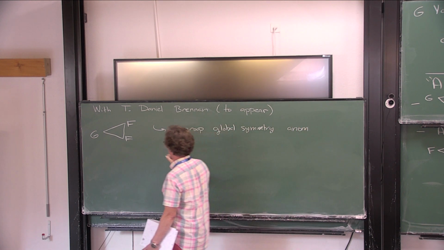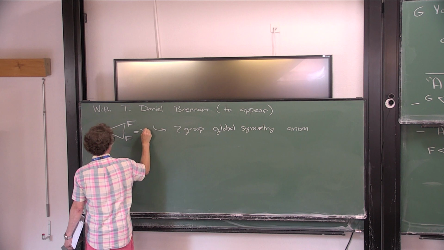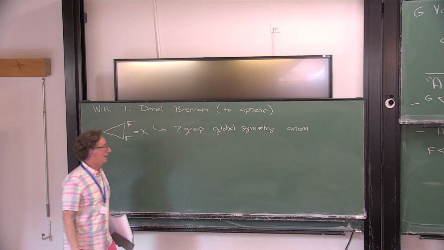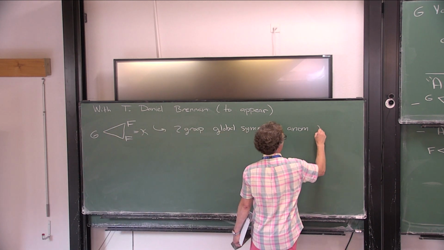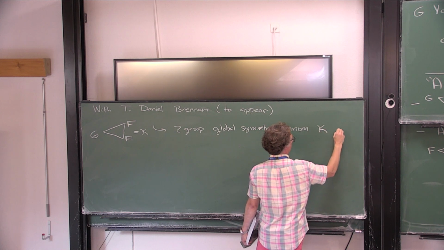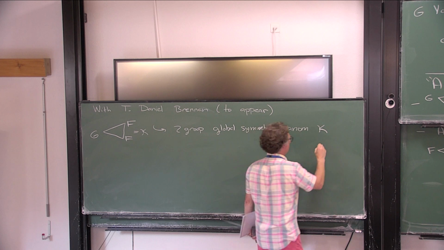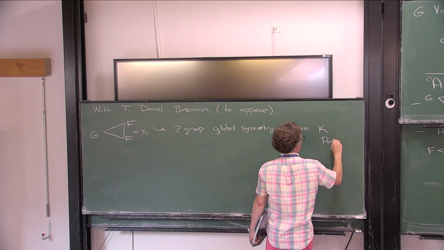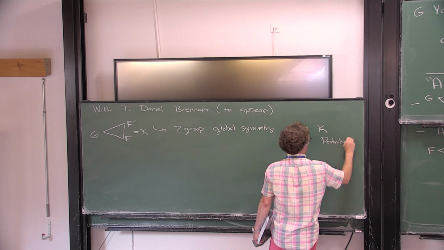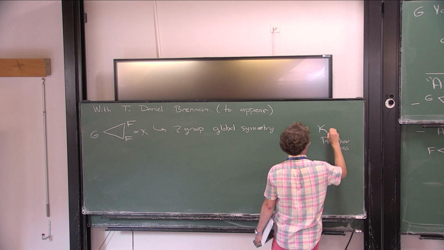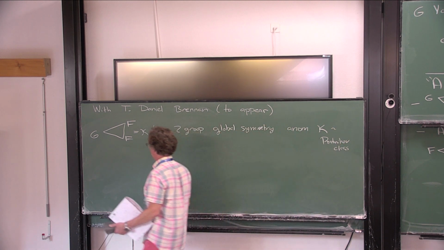So this anomaly is just essentially some coefficient kappa, and so kappa is basically what you would call the Postnikov class. So it's some non-split two-group.